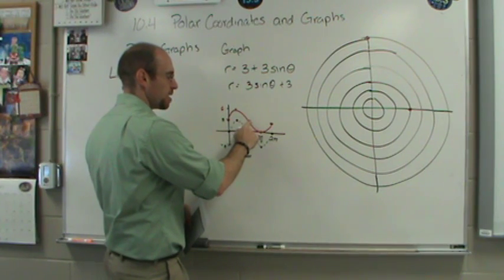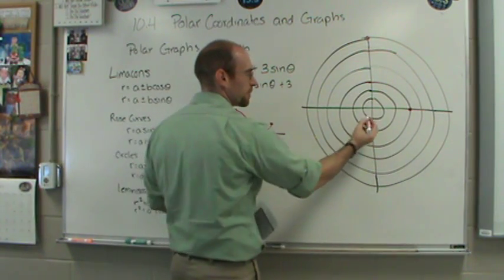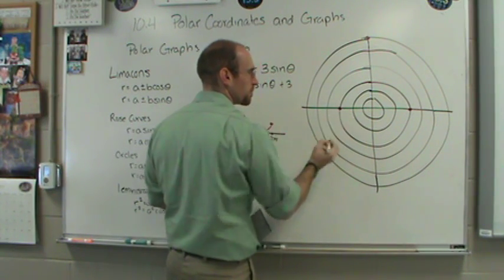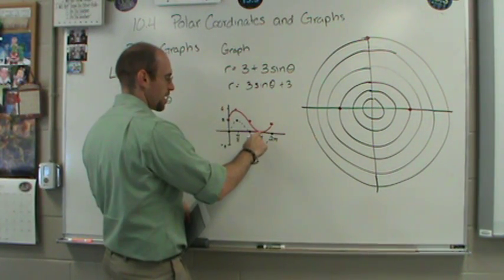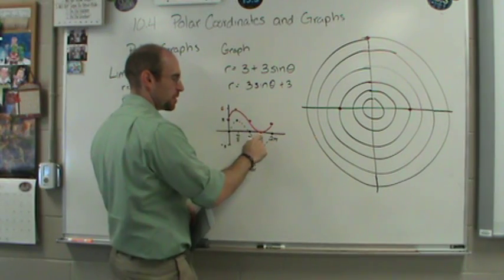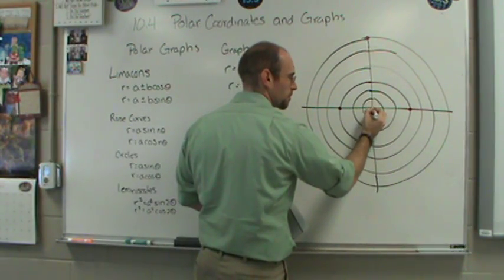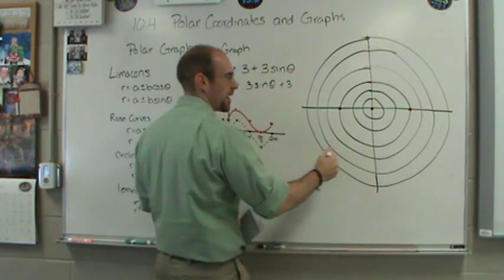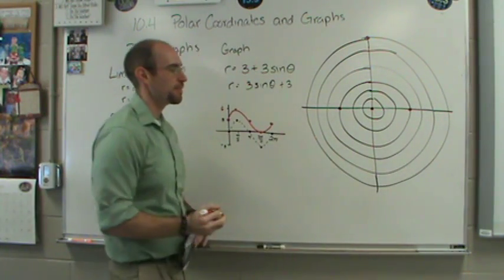Now pi, I'm at 3 again. So here's pi, 3 units away, 1, 2, 3. Okay? At 3 pi over 2, I'm at 0. And then 2 pi, I'm back to 3.